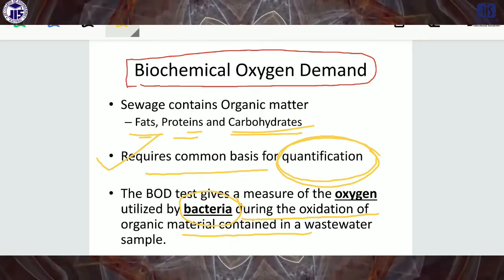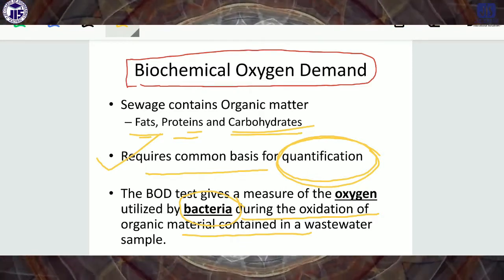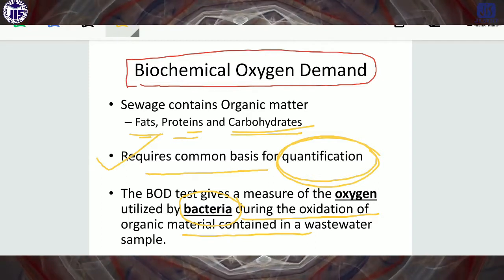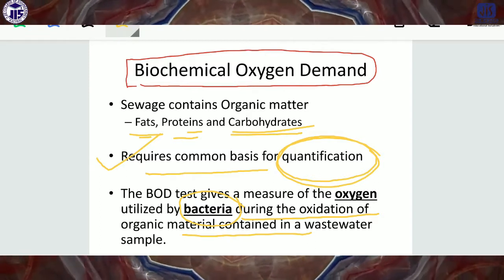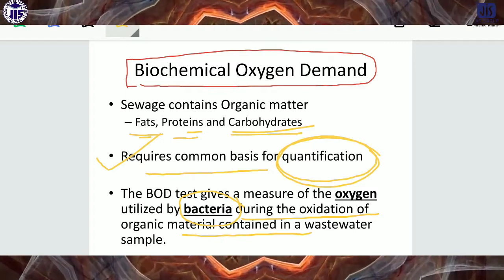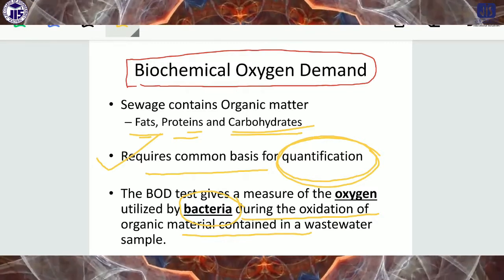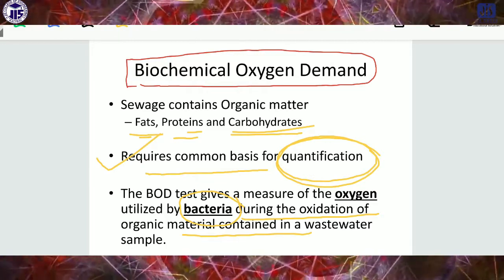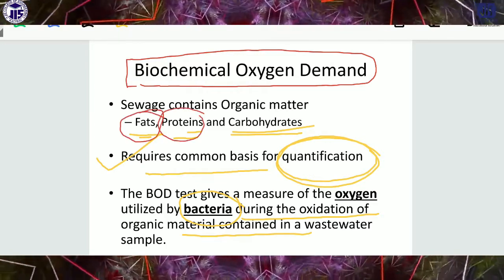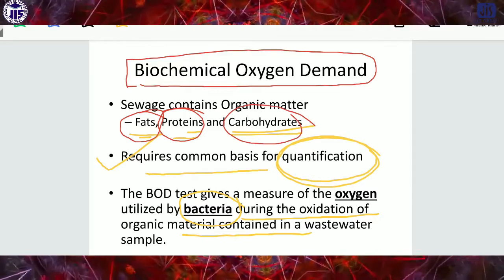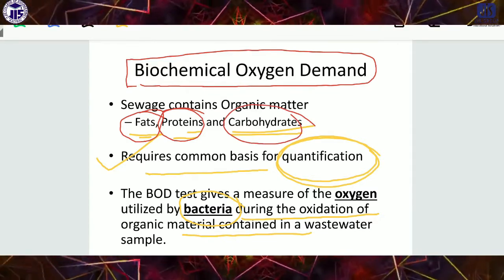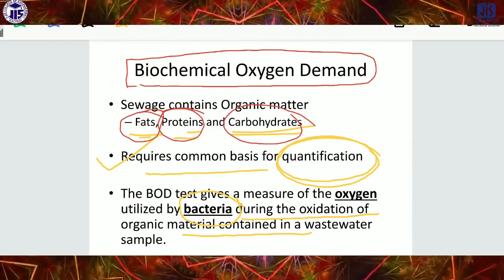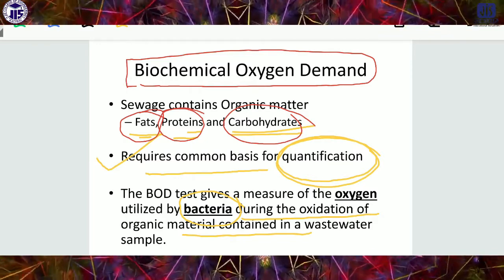Obviously bacteria degrade these materials. That means bacteria decompose the materials, and this degradation is oxidation. Fat, protein, carbohydrate, all types of materials will be oxidized in the presence of bacteria.